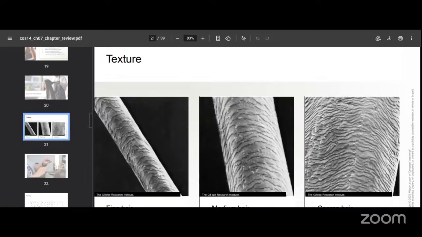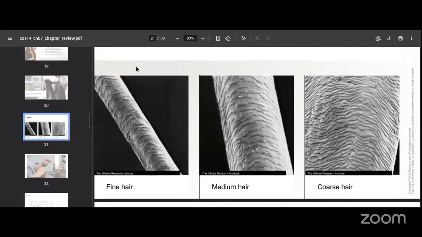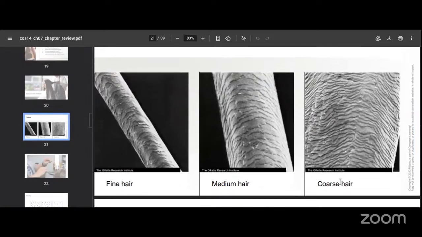But at the end of the day, texture needs to be defined as the fineness or coarseness of the hair. And really, it comes down to fine, medium, or coarse hair.